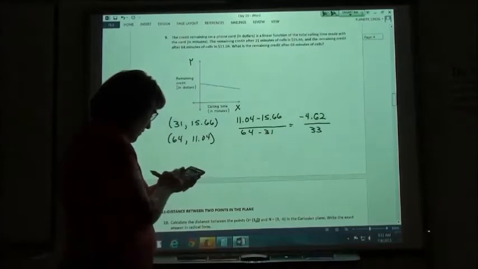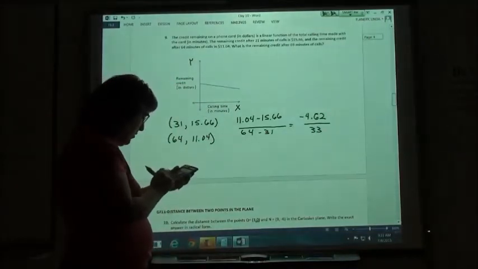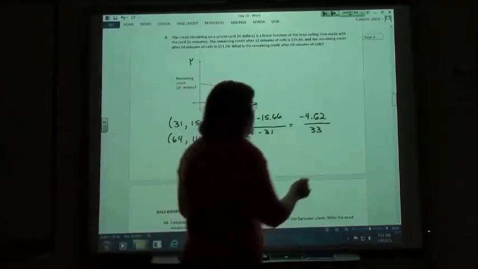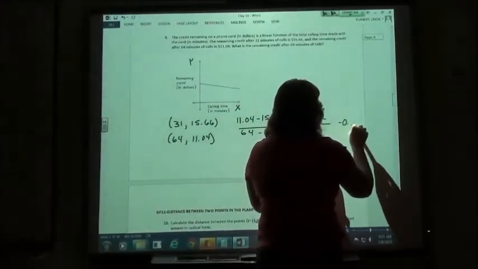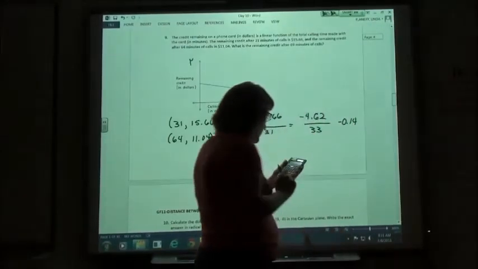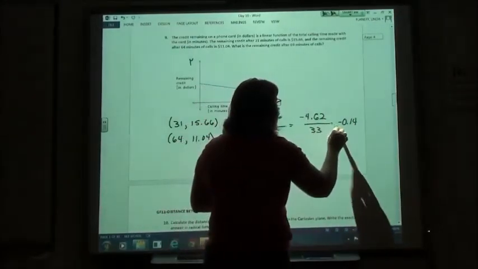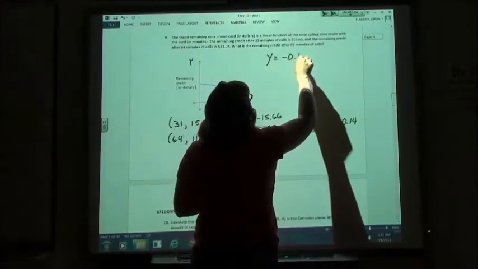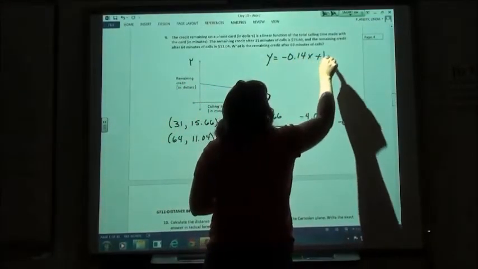So negative 4.62 divided by 33 is negative 0.14. So my slope is negative 0.14. So y equals negative 0.14x plus some number b.